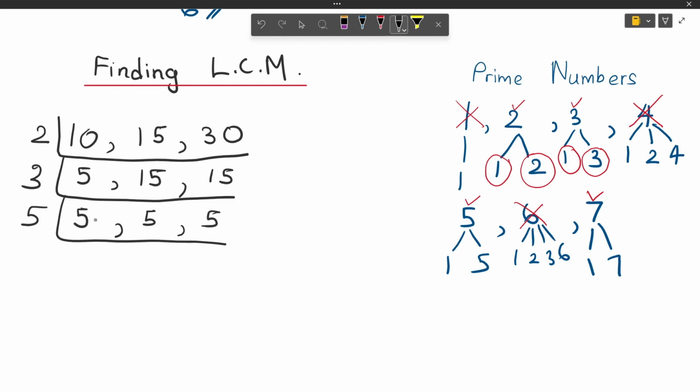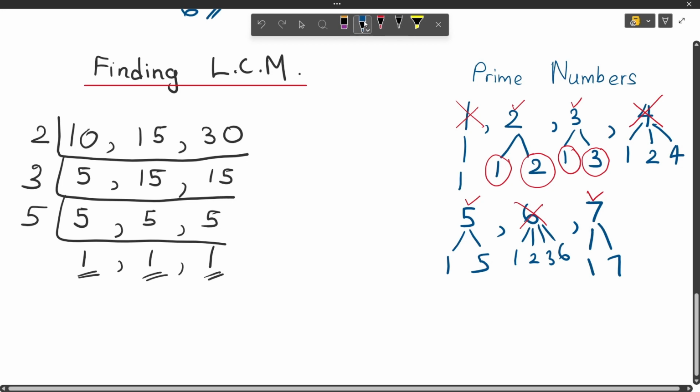Okay, now we can divide by 5. We get 1, 1, 1. When all the 3 numbers become 1, the division stops. Okay, now we can find the lowest common multiple by multiplying these numbers.